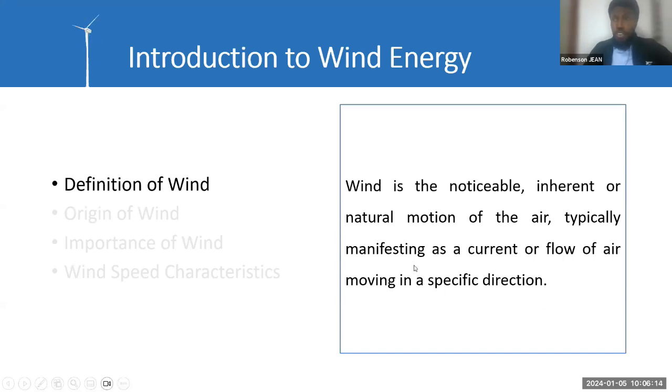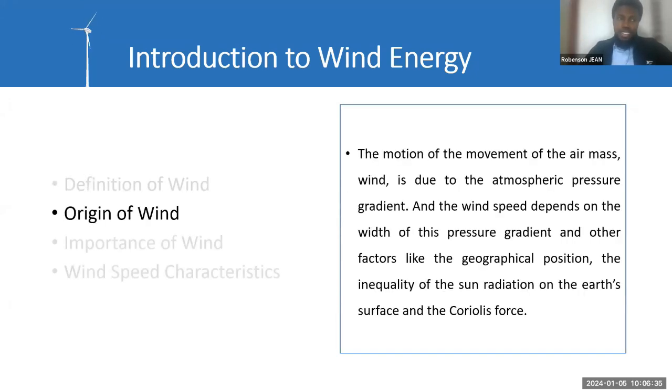So first of all, it is important to understand what wind is. Wind is the natural motion of the air, a flow of air moving in a specific direction. And this motion of air is generated directly by the sun, because we have to know that every kind of renewable energy that we are using on Earth comes from the sun in some way.